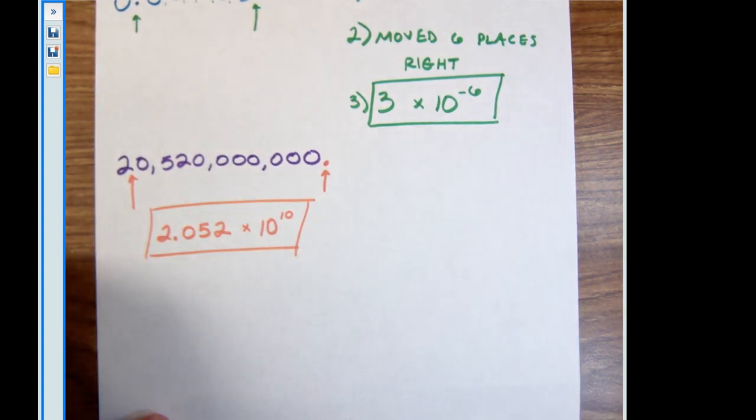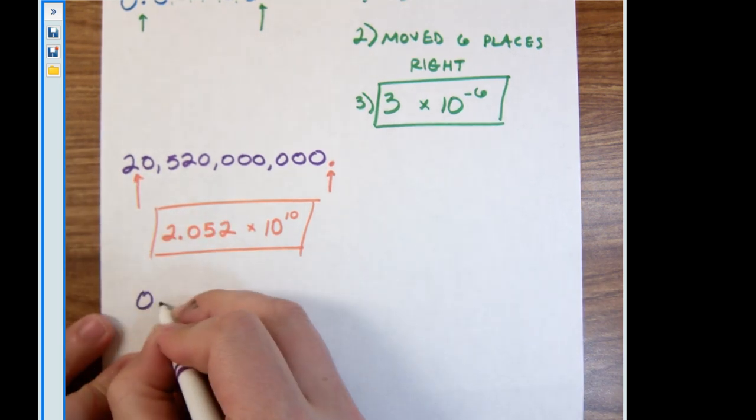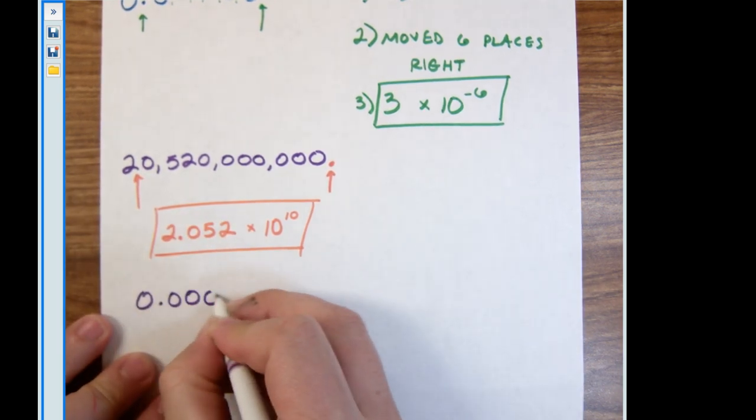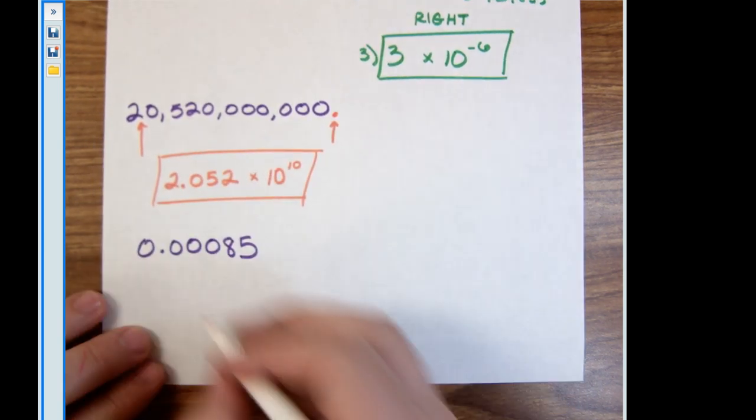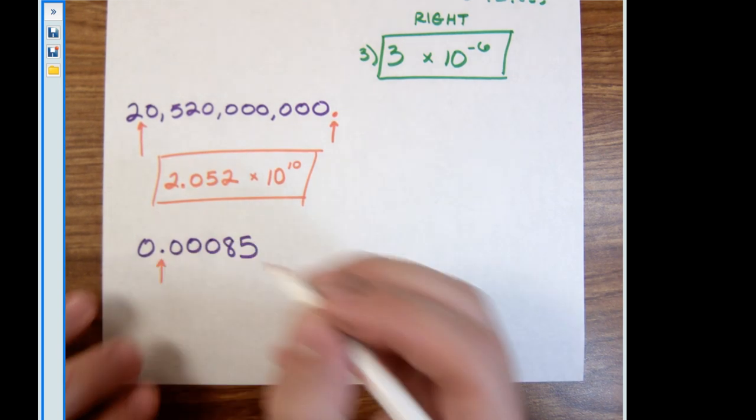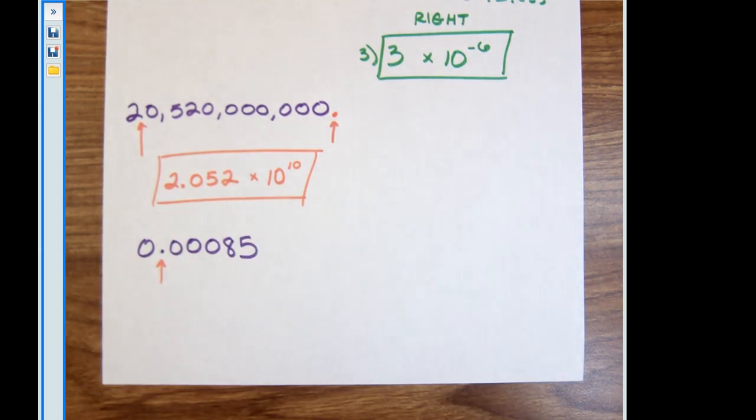Okay, let's do another itty bitty. Here's the decimal now. Where does the decimal need to be so that my number is between 1 and 10? What about the 5? Between the 8 and the 5.